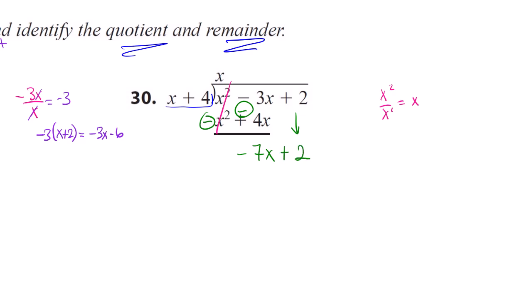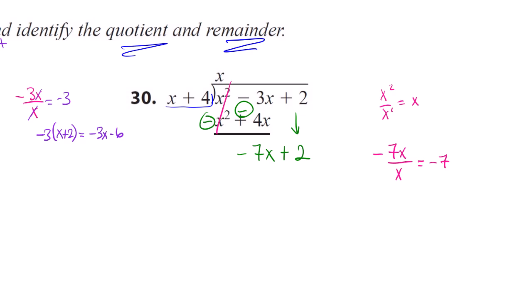And now we do the same thing. So now here we do have an x, right? So we can do this divided by our leading term here, right? So we can do negative 7x divided by x in our head, right? The x's cancel out, and so we get just negative 7, right?